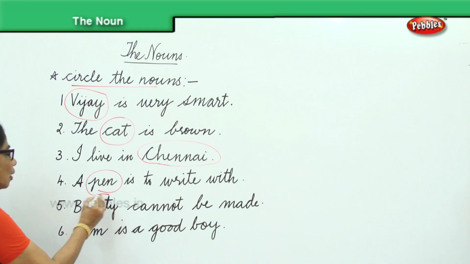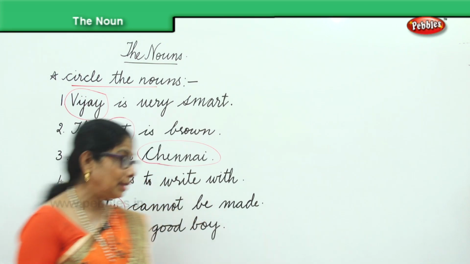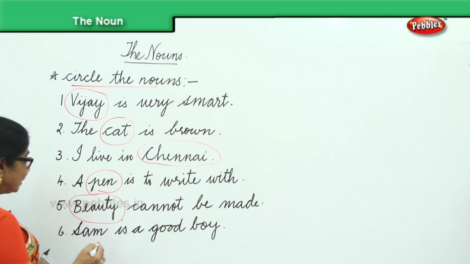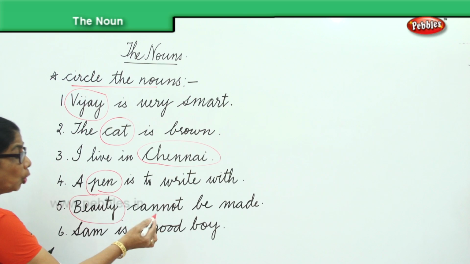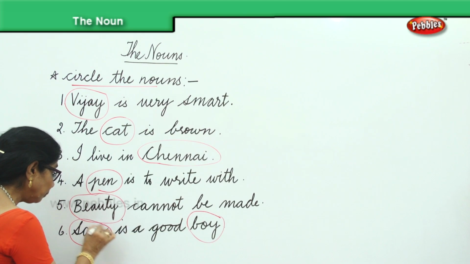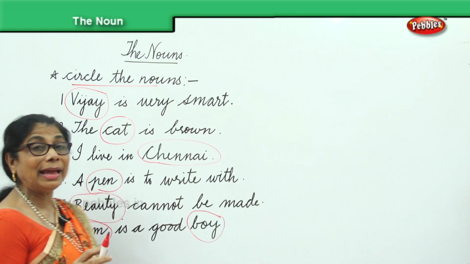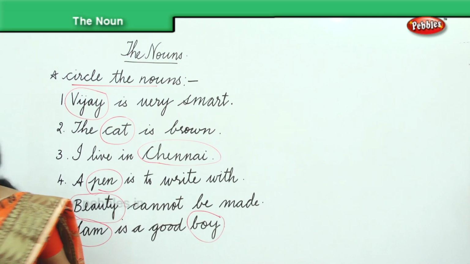Now, beauty is a quality. Beauty is a quality of a person. So, that's also a kind of noun. Sam is a good boy. Boy is a noun. And also, Sam is a noun. Okay. Now, we are not going into what kind of noun. We are only looking at nouns in general.